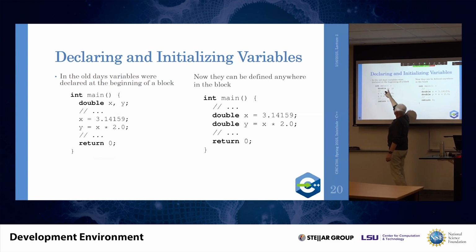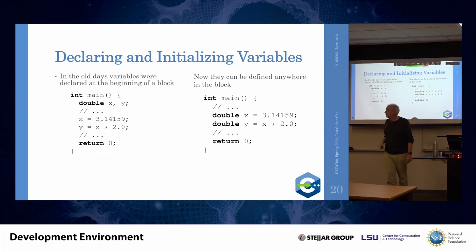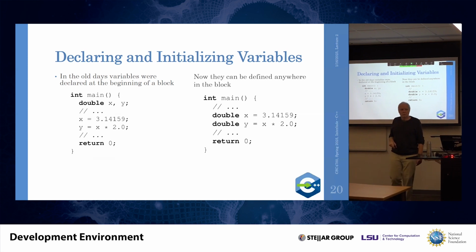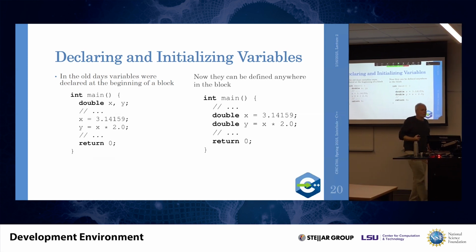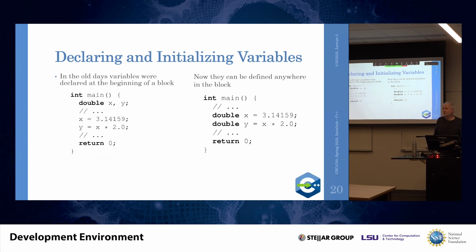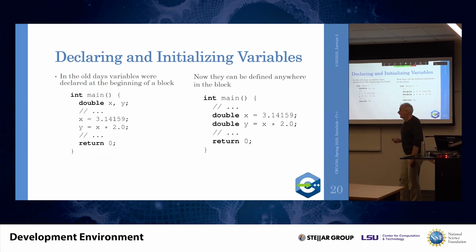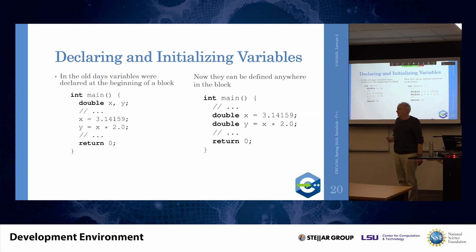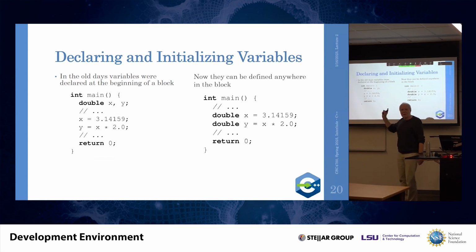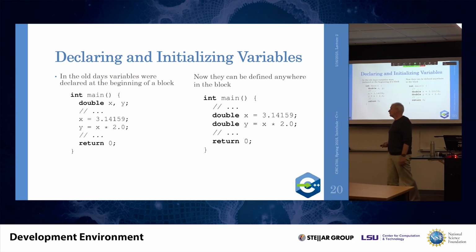What are the values of x and y before the assignment is happening? Anybody? 0. No. What are the values of x and y before I assign anything to them? No. It's undefined. They have the value of the bits that happen to be in the place where the variables are being placed.